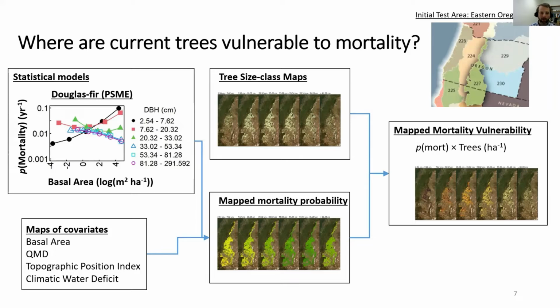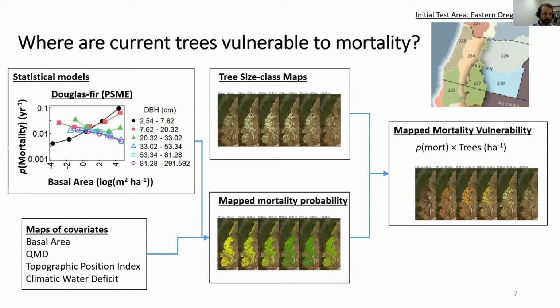How this framework is set up is that in the upper left, we build statistical models of tree mortality based on tree sizes, but also things like basal area, quadratic mean diameter, which is the average size of tree in the stand, topographic position index, which is a measure of topographic position locally, as well as climatic water deficit.